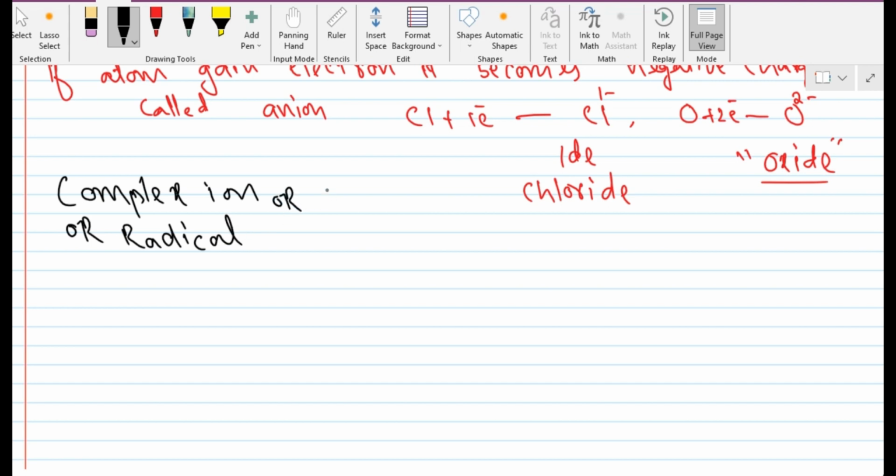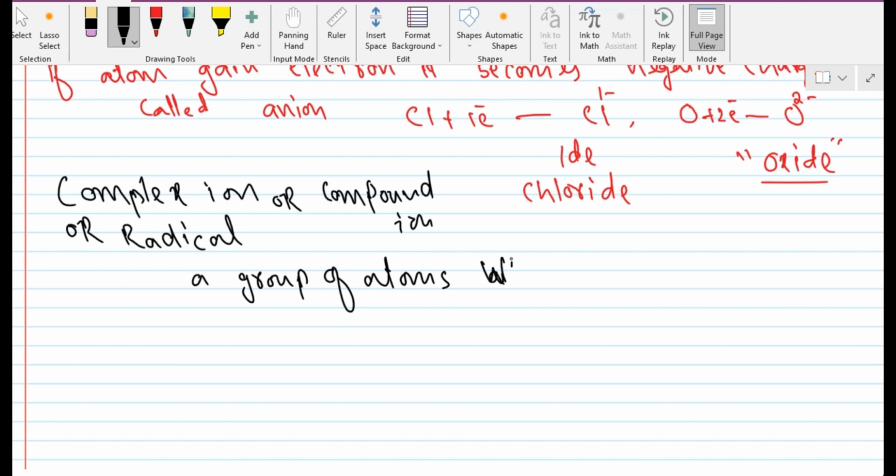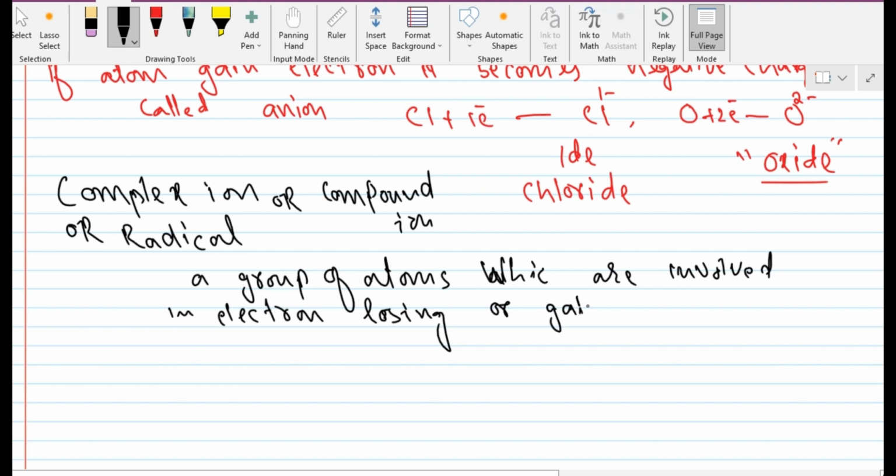A complex ion is a group of atoms which are involved in electron losing or gaining.